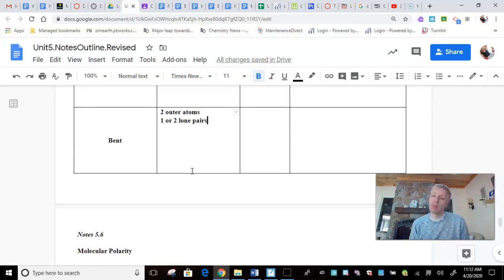So depending on how many lone pairs are on the center atom, the bent shape is going to have one bond angle versus another. We're going to be focusing on 2 lone pairs. You don't have to worry about 1 lone pair. One lone pair, if you're curious, is less than 120. 2 lone pairs is going to be less than 109.5.